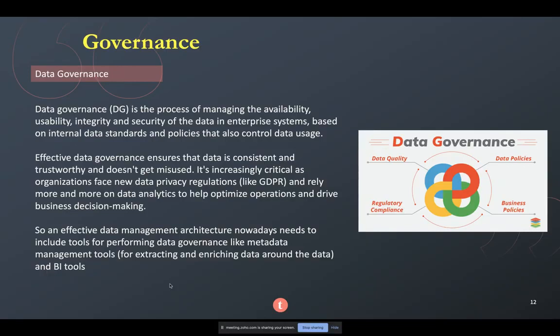These are tools that mainly extract data about the data. They can give you, for example, a holistic view of your infrastructure, taking your hundreds of sources, hundreds of processes, and hundreds of reports, and putting them together in one holistic view.